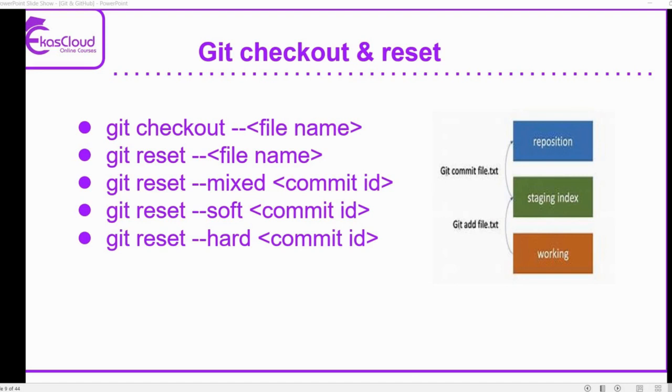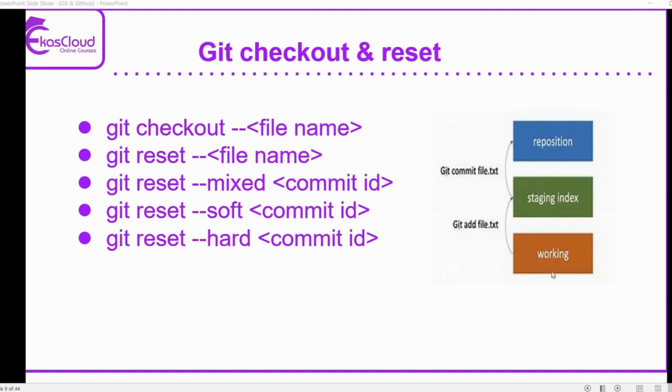First, let's see what git checkout is. This command helps to discard unstaged changes. Files in the working directory are called untracked files. If you add a file to the staging area, those files are called tracked files.